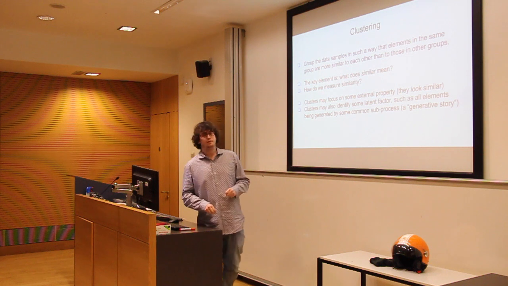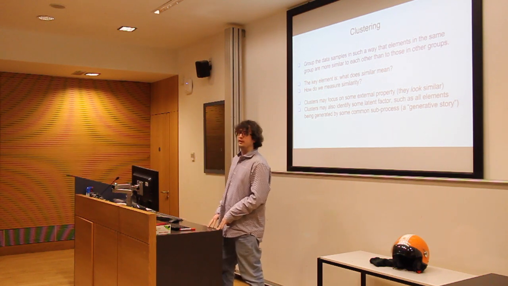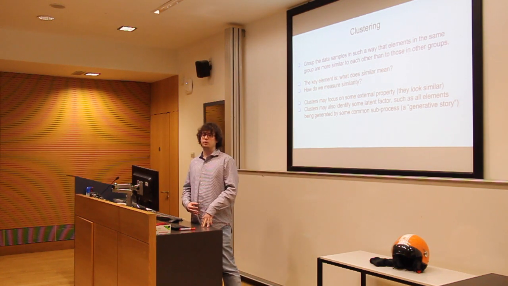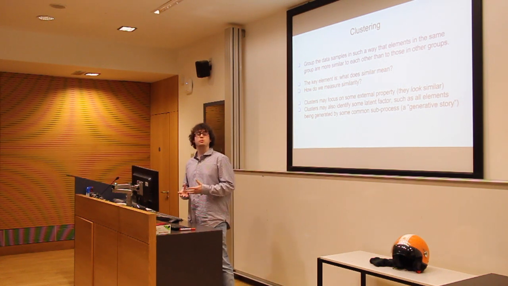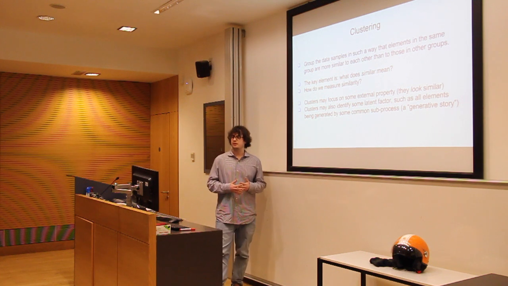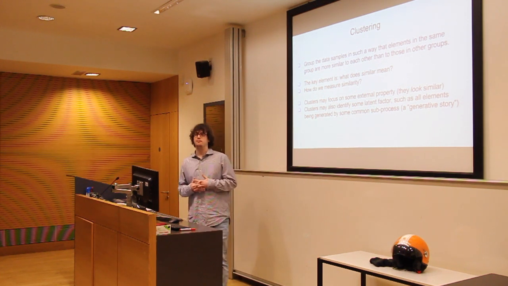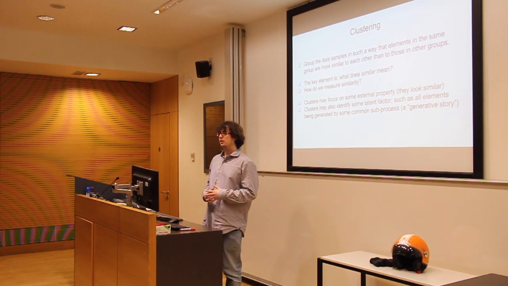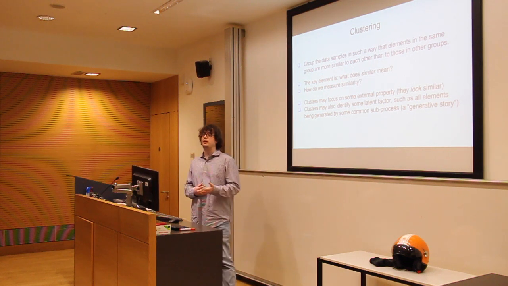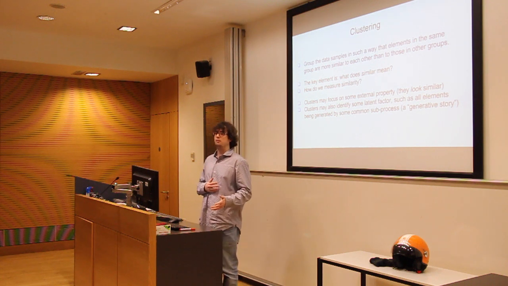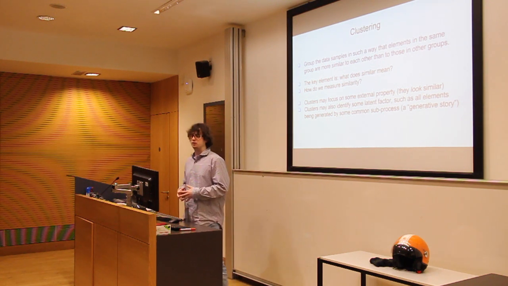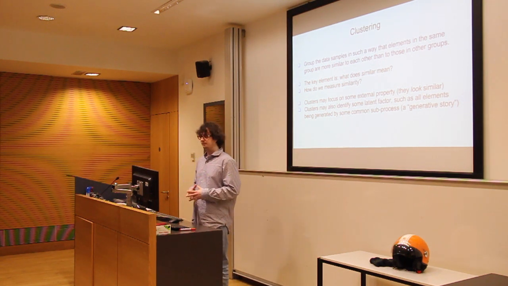One key factor when you do clustering is that you must define what it means to share properties. You want to define some subgroups which are similar in some sense, but similar can mean many different things. So depending on the kind of similarity measure you define, you will get different clustering algorithms, which will be more or less suitable depending on the domain you're interested in.